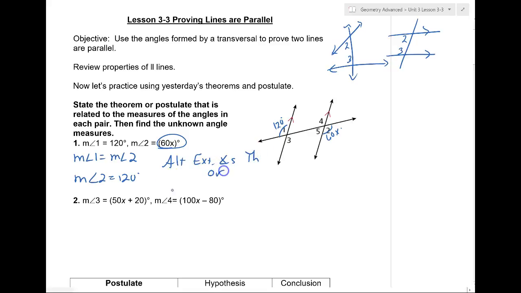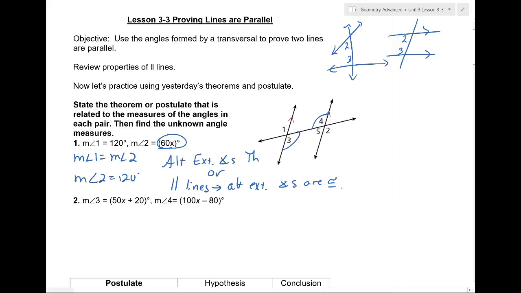You could write it out, or you could do it like I like with the conditionals. If parallel lines, then alternate exterior angles are congruent. Excellent. All right, let's look at the next one. We got 3 and 4 this time. Guys, what do we know about 3 and 4? What's their relationship?